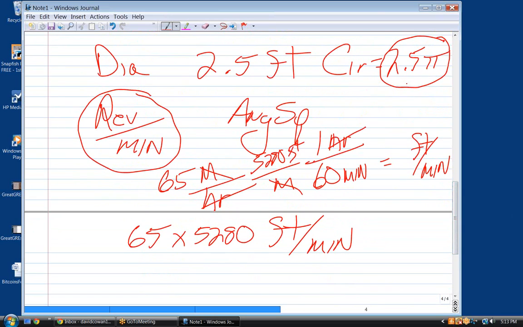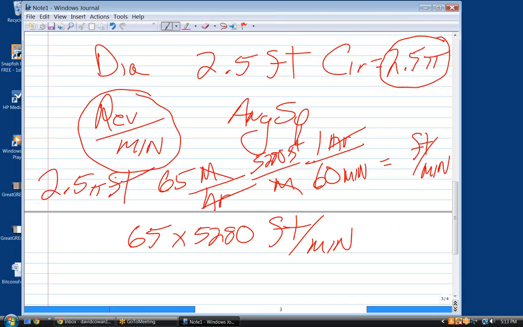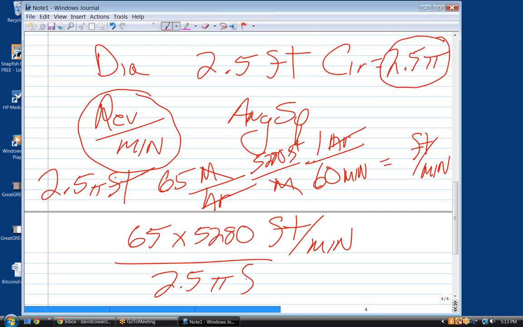And we know that when the car goes 2.5 pi feet, the tires have made 1 revolution. So if I divide this by 2.5 pi feet, I get something per minute.